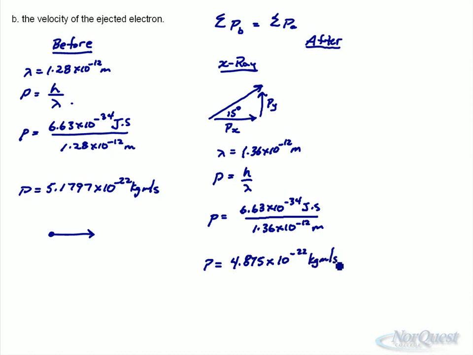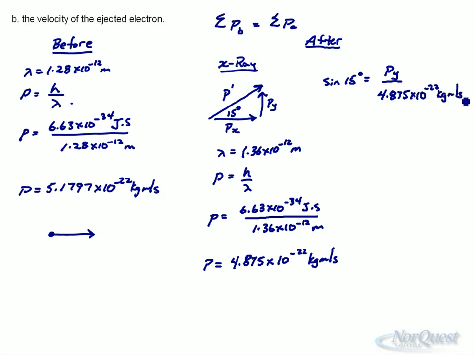And if you can remember, now we have the resulting momentum after. To find the y component, sine 15 degrees is going to be equal to the opposite y component over our resultant, 4.875 times 10 to the negative 22 kilogram meters per second.